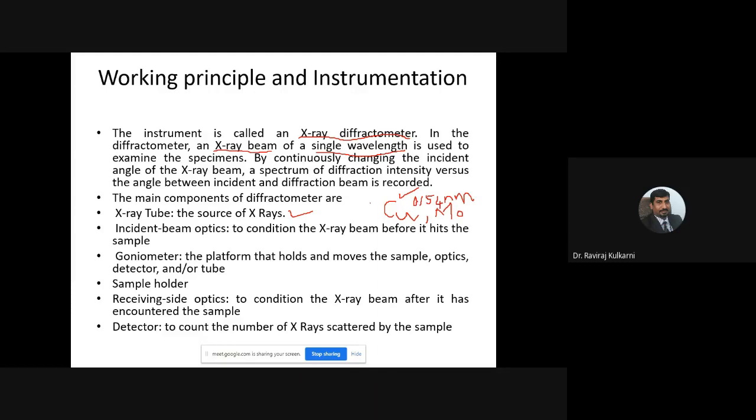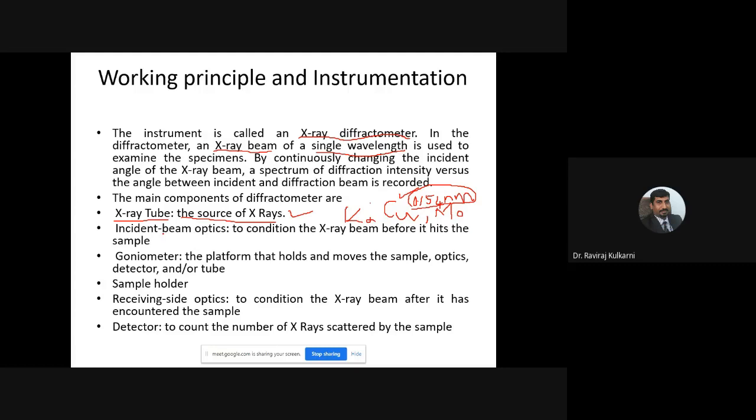If you use copper K alpha radiation, we get the wavelength 0.154 nanometers. That is the X-ray tube. In it we use a copper cathode, so we generate X-rays by bombarding it with electrons.